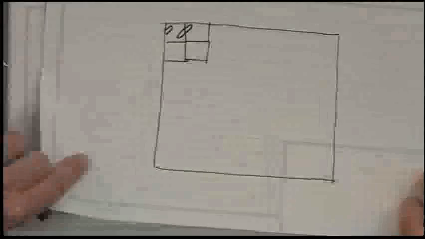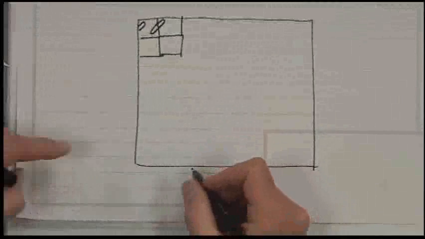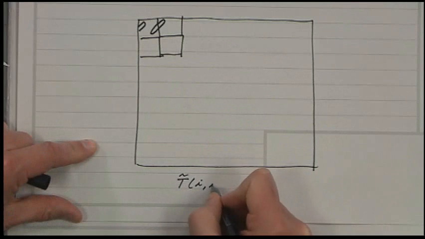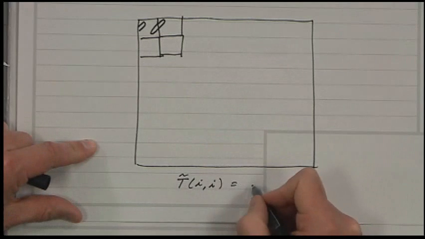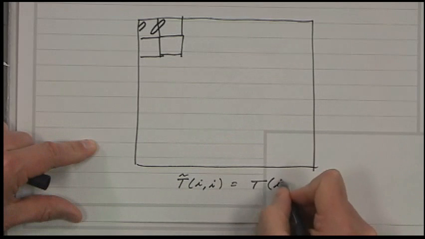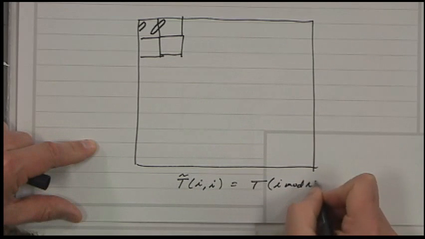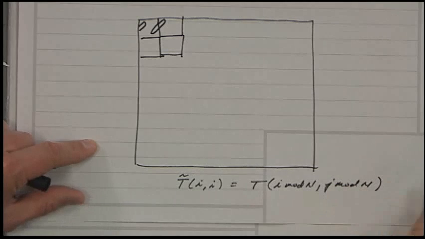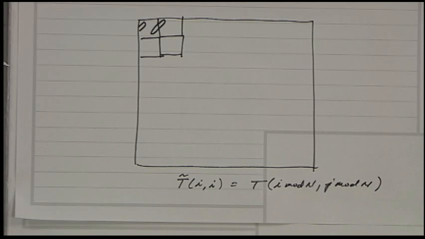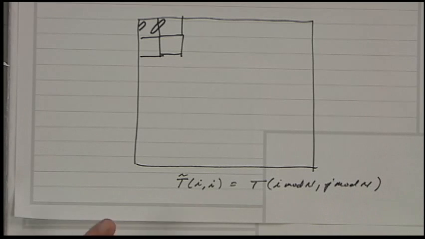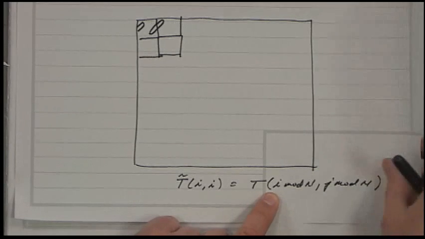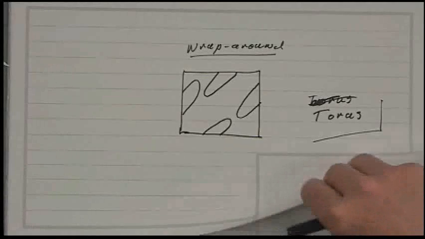Mathematically, you represent this by saying the extended threshold array is equal to T of i mod n, j mod n. For this reason, we usually think about the indices of the threshold array going from 0 to n minus 1, because it makes the mod arithmetic more logical, formally speaking.